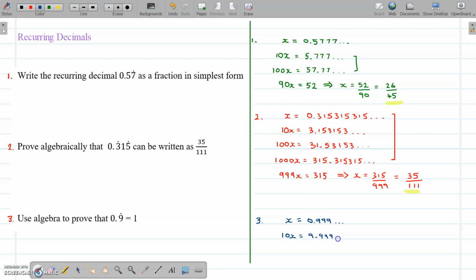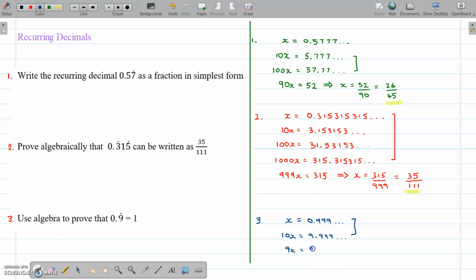You've got the link you want because they both have a decimal part of 0.999. So we do the same thing: we subtract. 10x take away x is 9x, and 9.999 take away 0.999 is just 9.